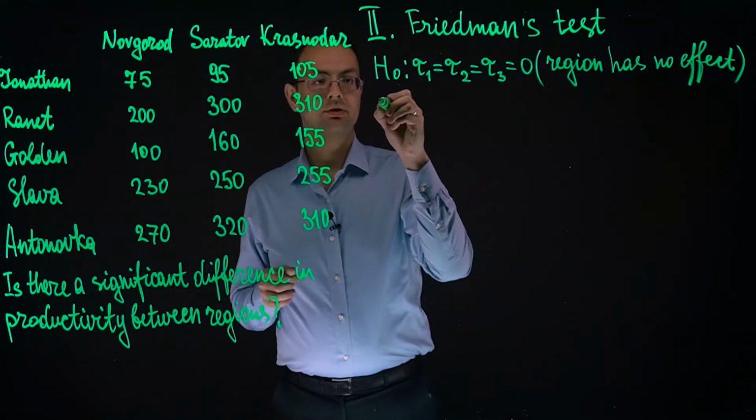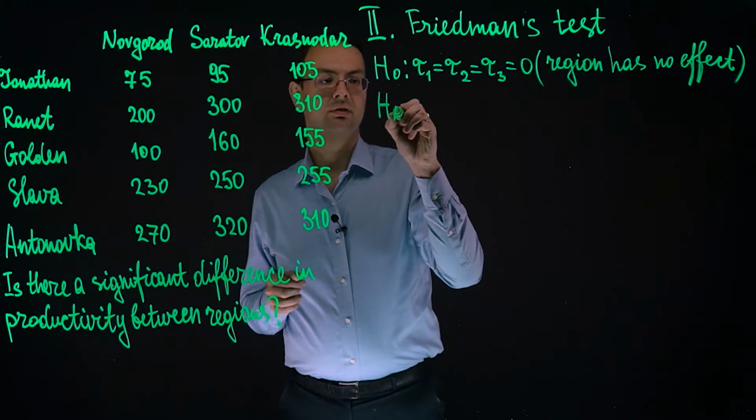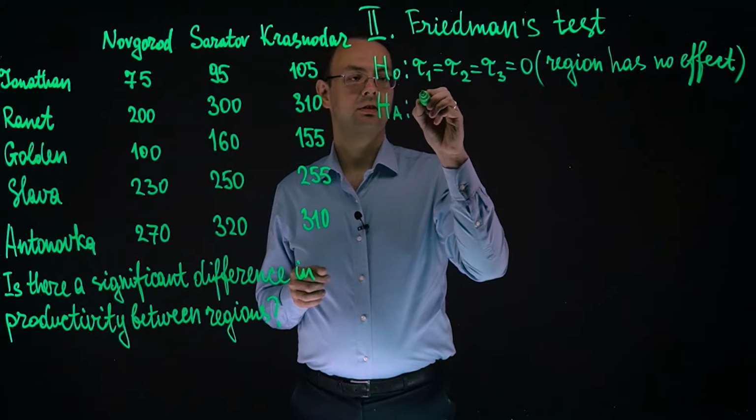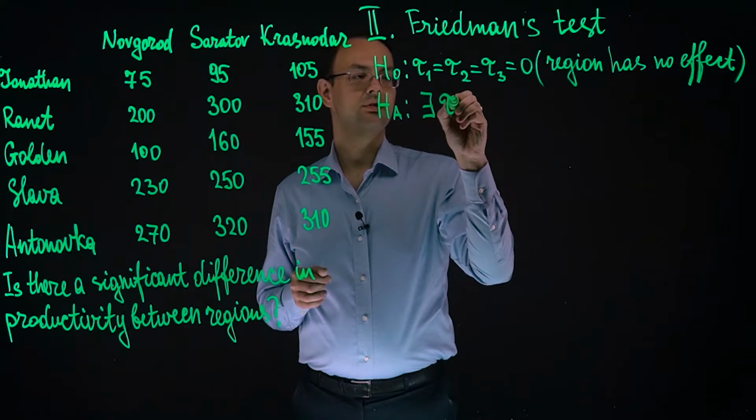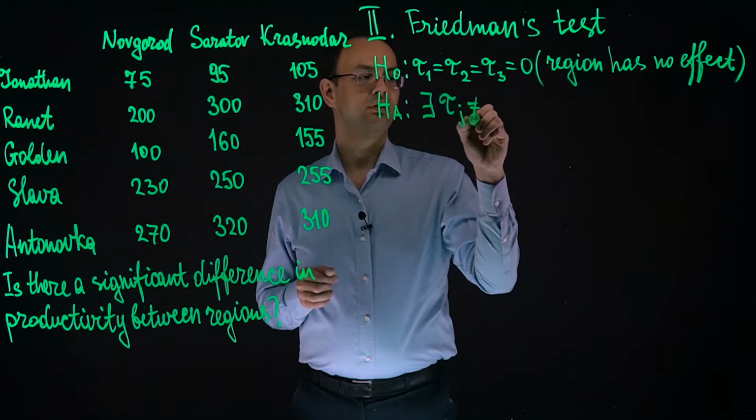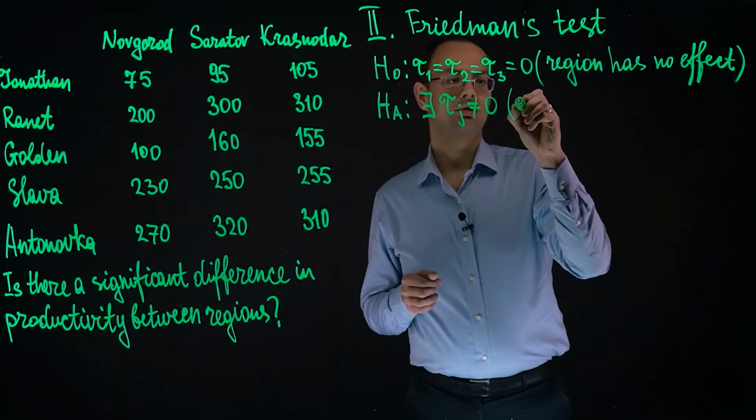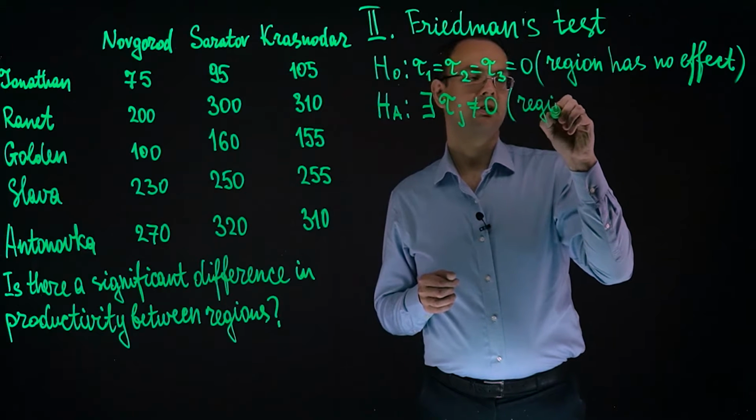And the alternative hypothesis is that at least one of these taus is non-zero, and this means that region has some effect.